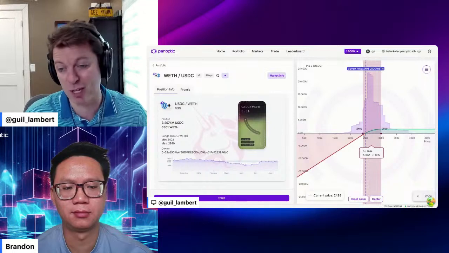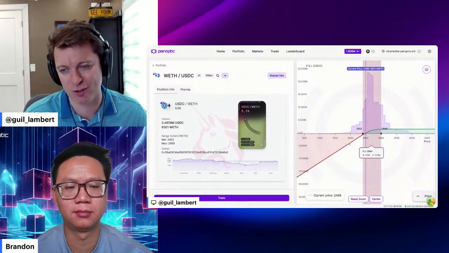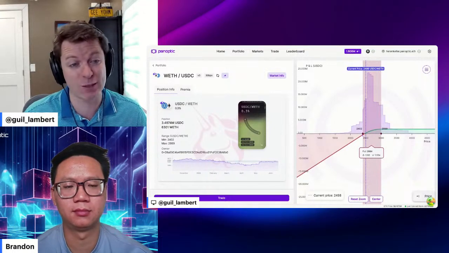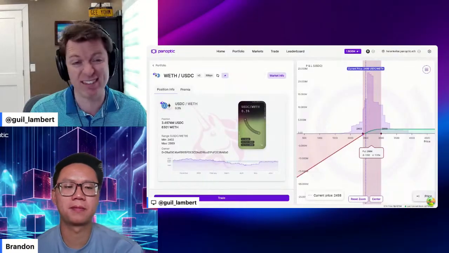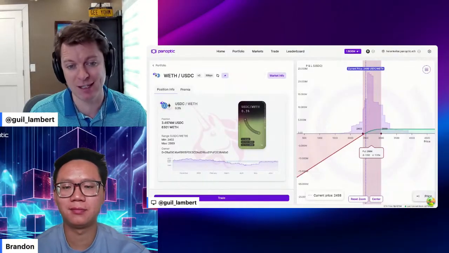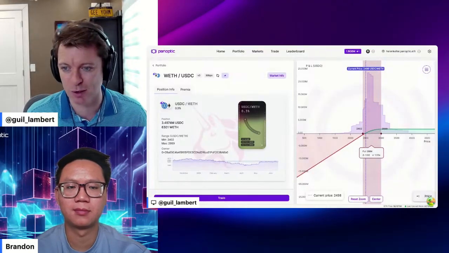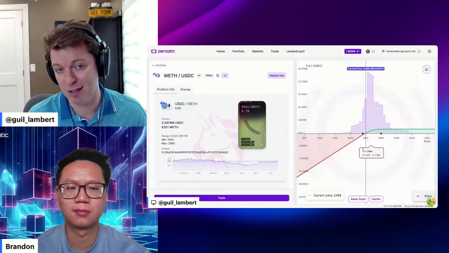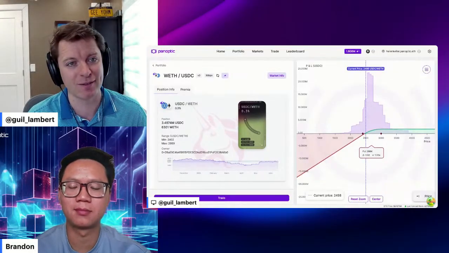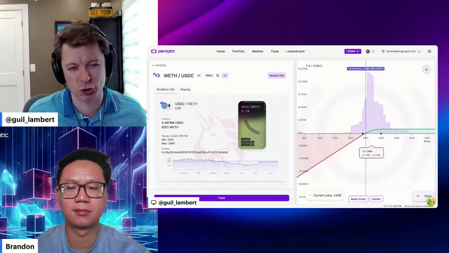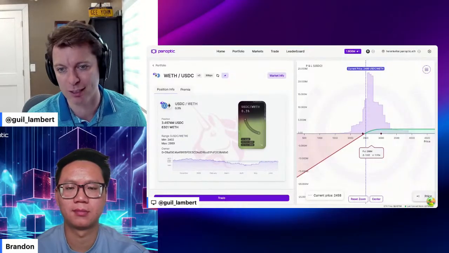If the price goes down, now you have a 100% ETH exposure. And for this one special pool, ETH USDC, ETH DAI, ETH USDT, we show the payoff with the stablecoin as the numeraire as opposed to ETH, because having USDC as the unit of choice is a little bit harder to grok, I guess, as an LP.